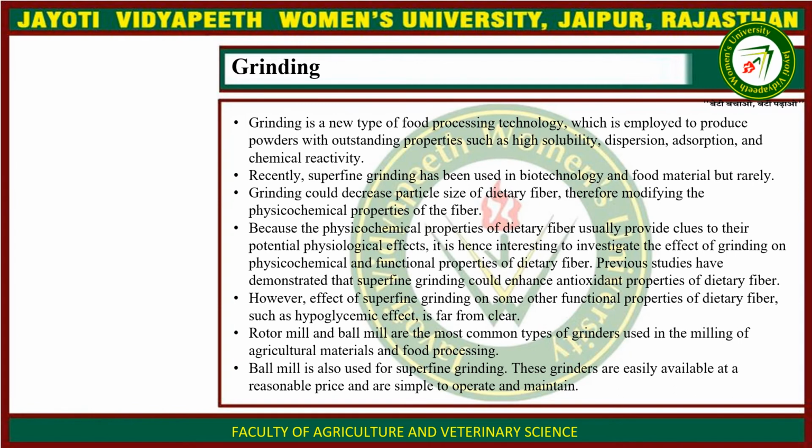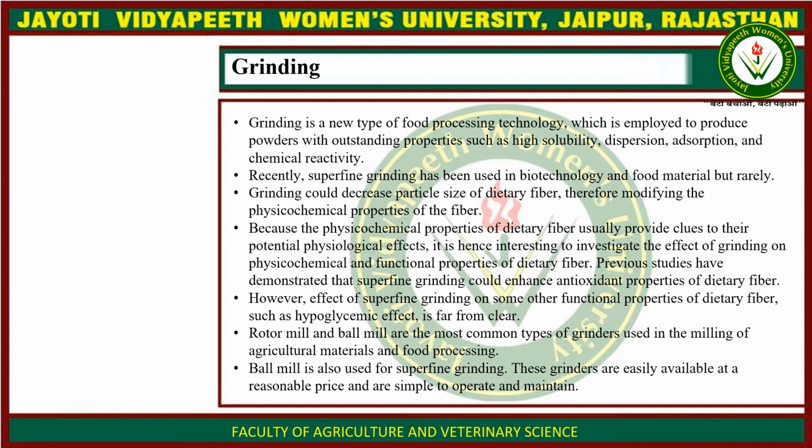Then grinding. Grinding is a new type of food processing technology which is employed to produce powders with outstanding properties such as solubility, dispersion, adsorption and chemical reactivity. Recently, superfine grinding has been used in biotechnology and food materials, but rarely. Grinding could decrease the particle size of dietary fiber, therefore modifying the physico-chemical properties of the fiber.